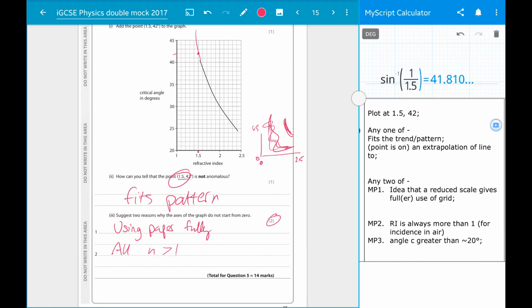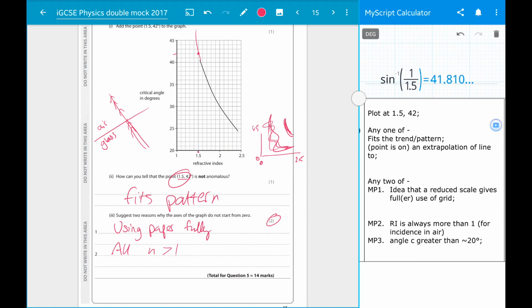There's no such thing as a critical angle of 0, because if this is your glass or any material and this is air, if i is 0, then the light is going to go straight through to the air. It won't bounce off that surface. It's not a mirror.